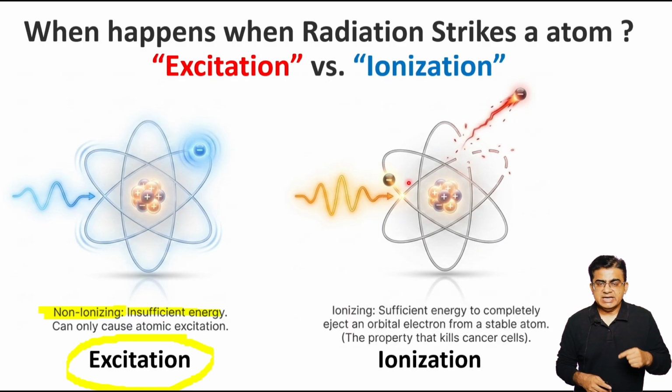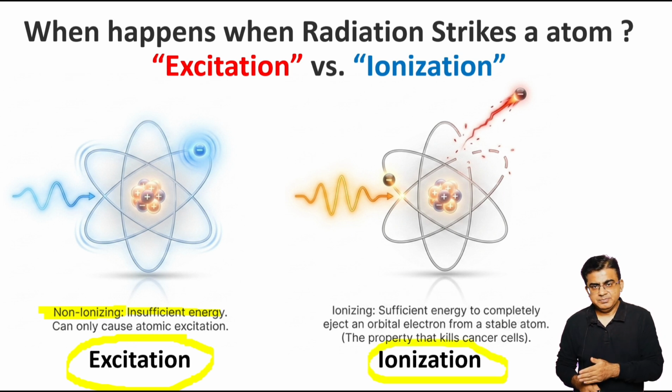It has sufficient energy to physically eject an orbital electron entirely away from its stable atom. This complete removal is called ionization. It is also called ejection. The previous phenomenon was excitation and this is ionization or ejection.